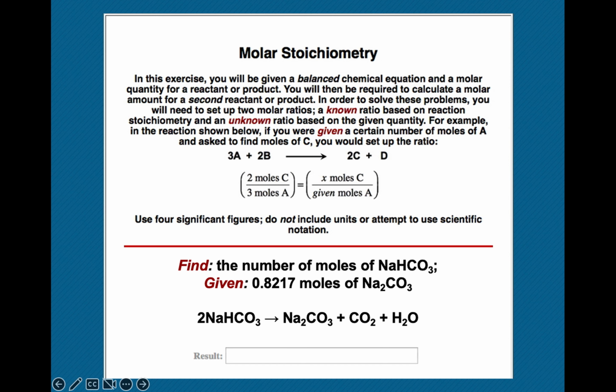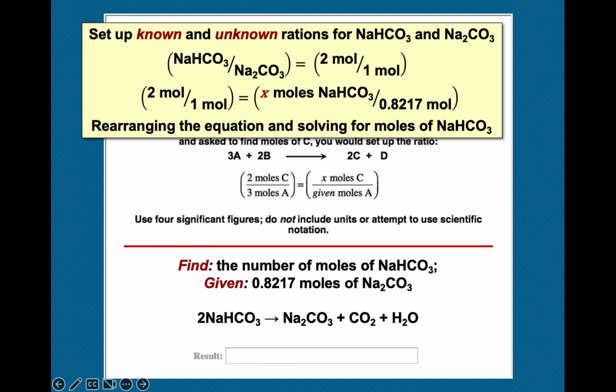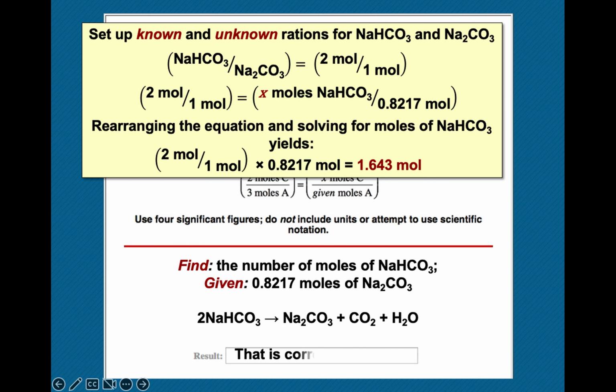So we would start off with our ratio. Hydrogen carbonate over carbonate, 2 to 1. Here's our unknown, and here's our given. 0.8217 times 2 divided by 1, 1.643. Any questions?